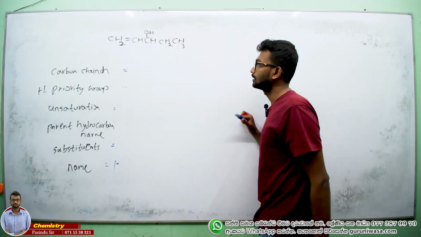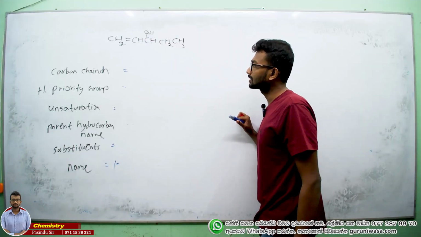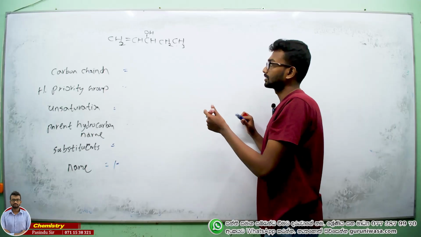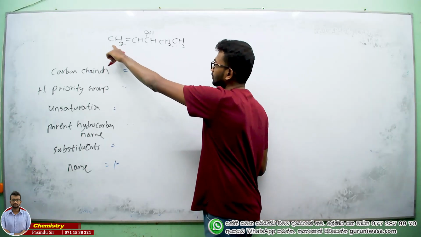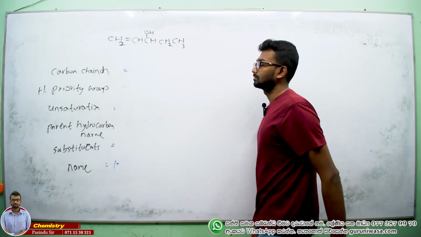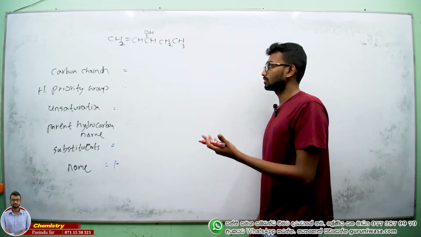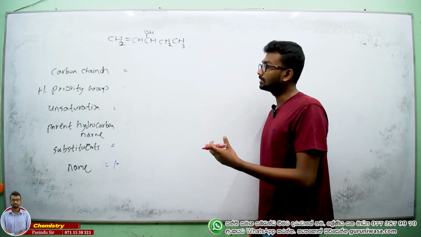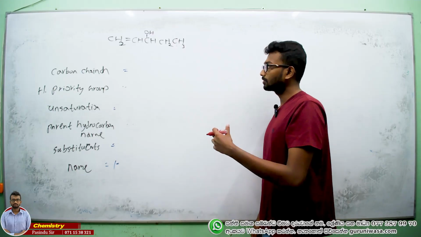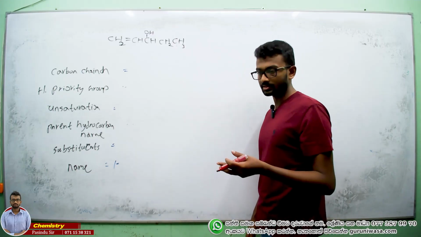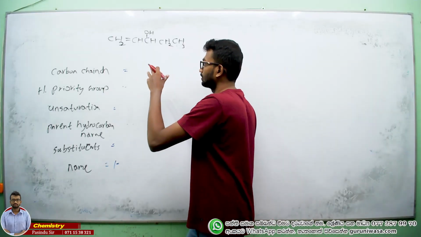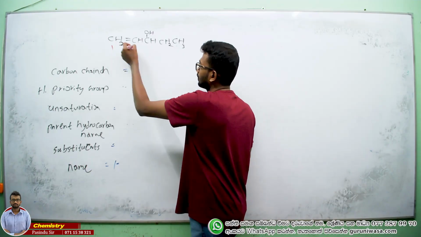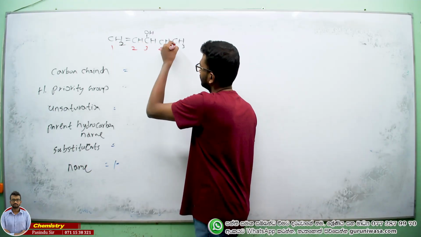The number system. Which direction is better? Because there is an unsaturation. When we count left to right or right to left, either side gives the same number to the OH group. Therefore we have to consider the unsaturation. Which side gives the lowest number to the unsaturation? This side. Right? 1, 2, 3, 4, 5.